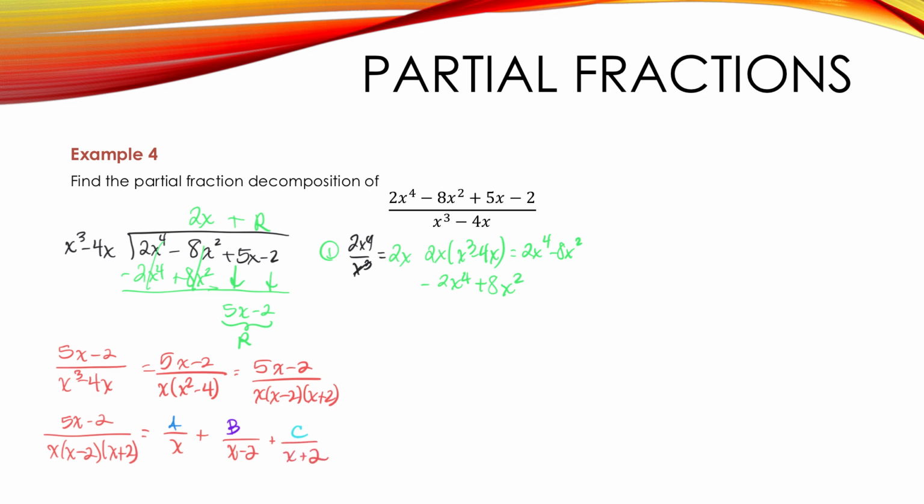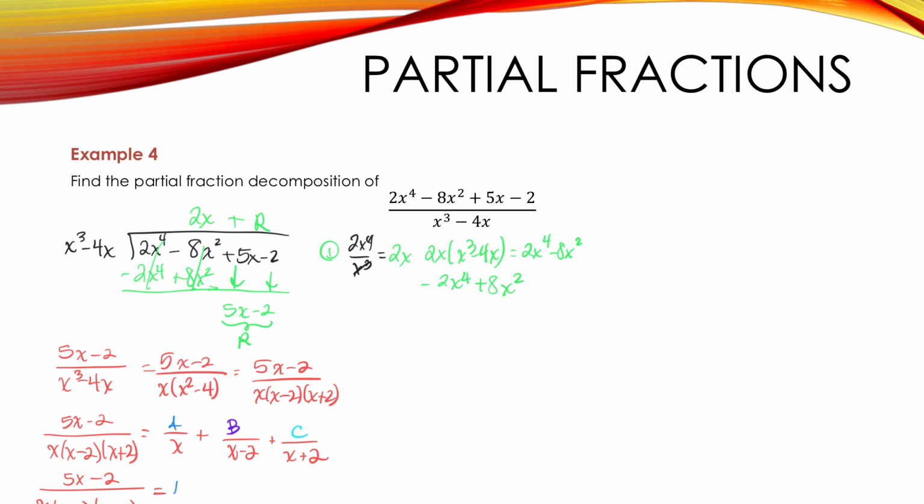And now our common denominator is x, x minus 2, and x plus 2. So we're going to have to multiply both sides by that, or we're going to have to combine them all together to find out how we get to the same common denominator. So in this case, we end up with 5x minus 2 over x times x minus 2 and x plus 2 is now going to equal our A, and A has the x, but A does not have the x minus 2 and the x plus 2.